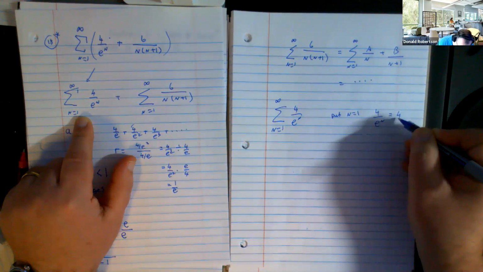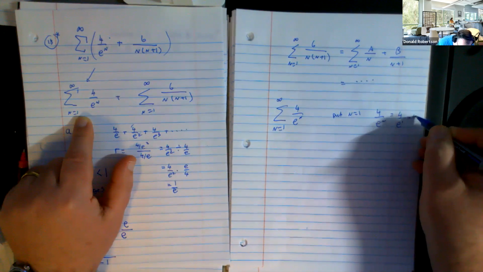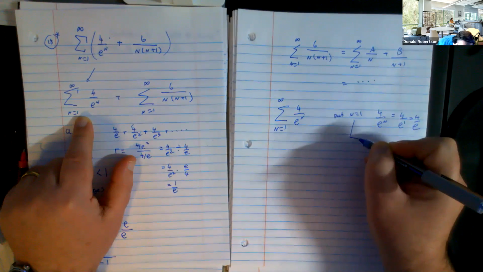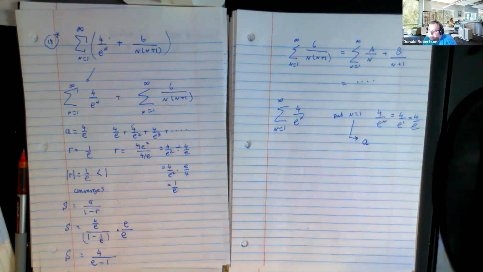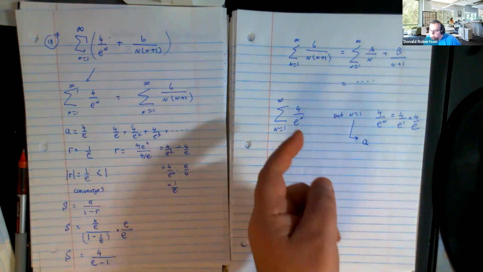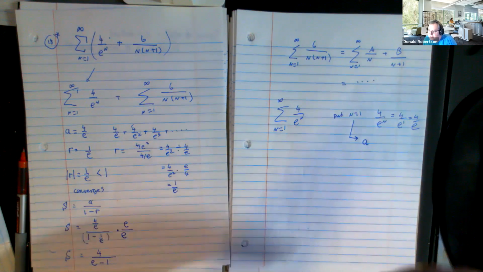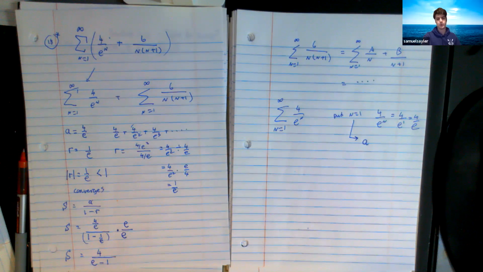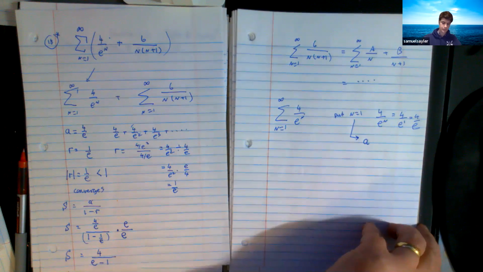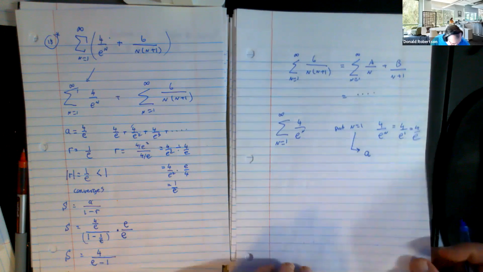That gets you 4 over e to the 1, which is 4 over e. And when n is 1, that's the first term, and that's a. When you plug in n equals 2, that would be the second term. n equals 3 would be the third term. Okay, now I remember. Okay?